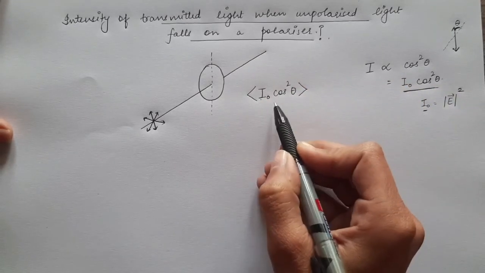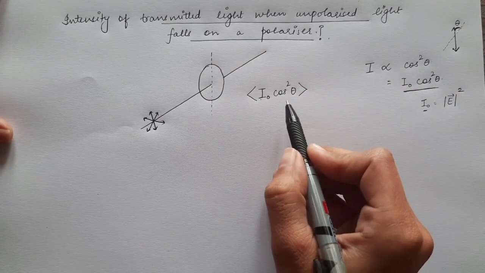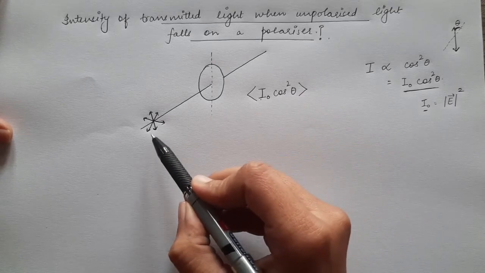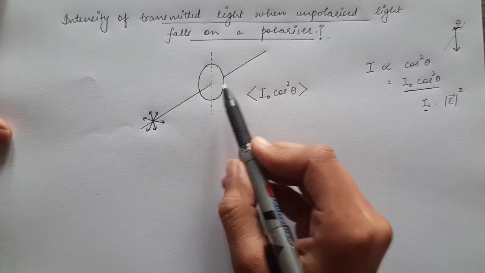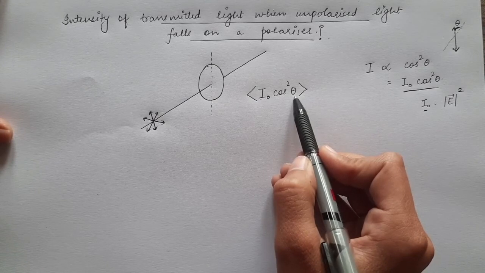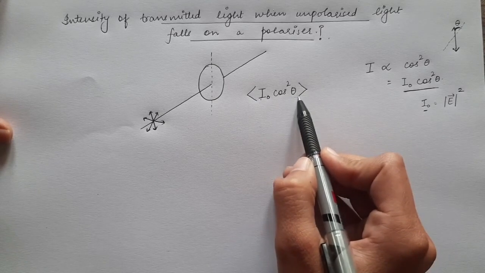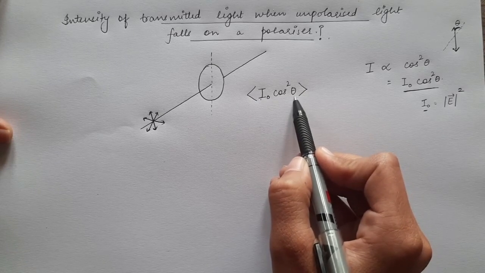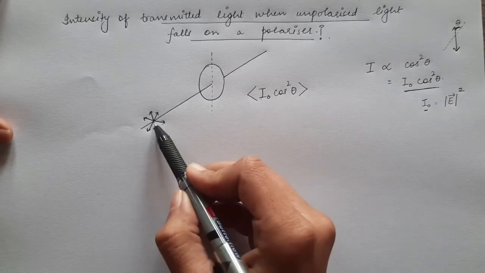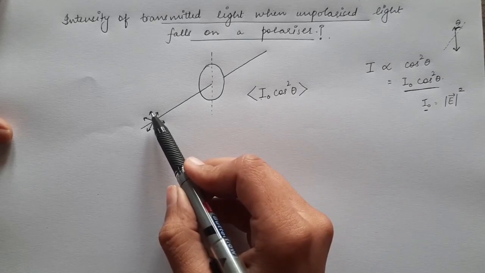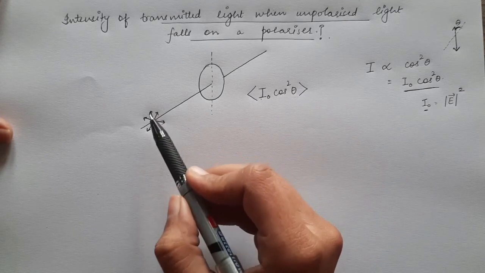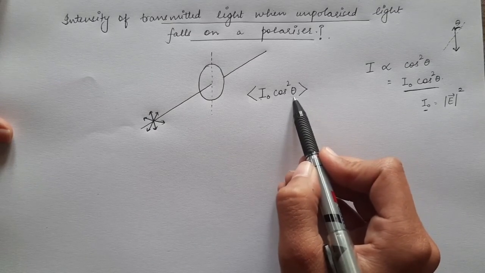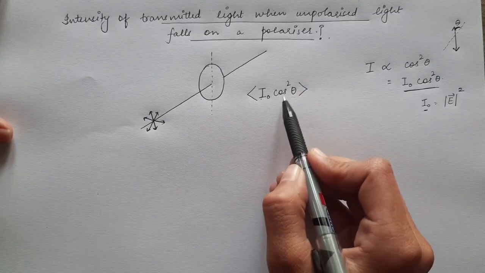This will be the intensity of the light transmitted when unpolarized light falls on a polarizer. Because theta angle is not fixed, it changes with the change in plane of vibration of the electric field, therefore we have to take the average.